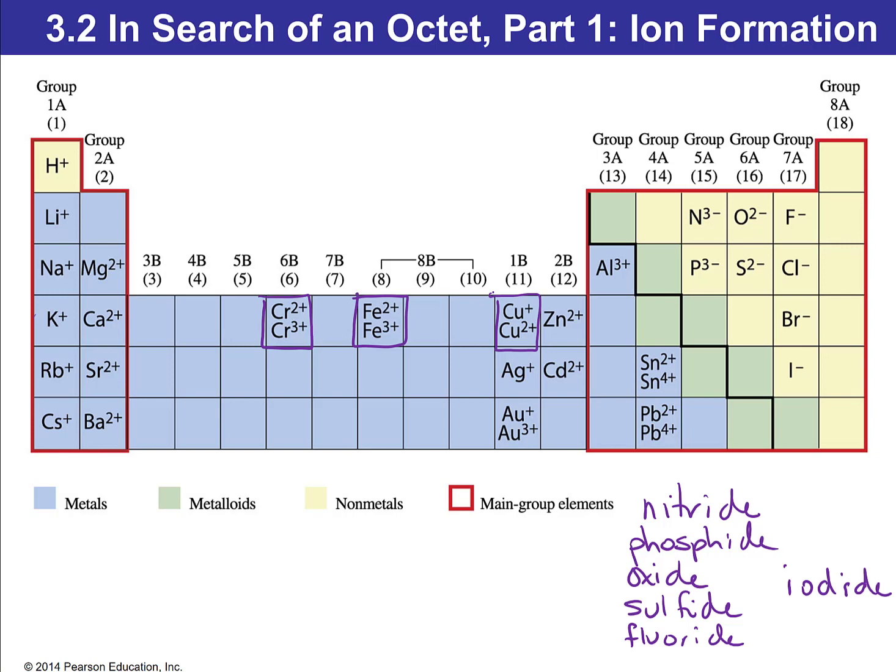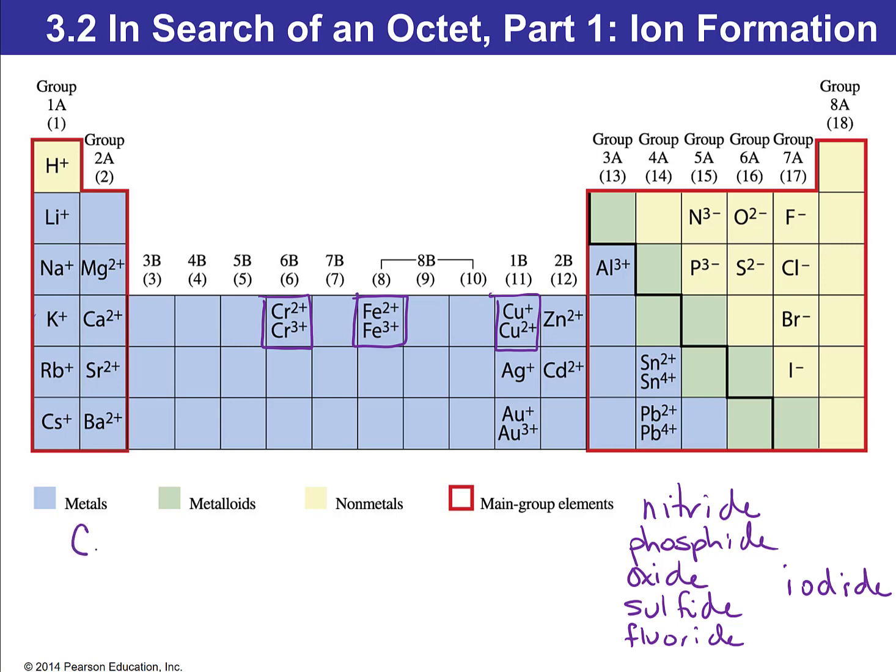But these ones in this middle group, they call them the transition metals. They call them this because they can go through transitions. So they can actually have more than one possible charge. So they found that some chromium atoms will lose 2 electrons and become stable. Other chromium atoms will actually lose 3 electrons and become stable. So they can exist in more than one way.